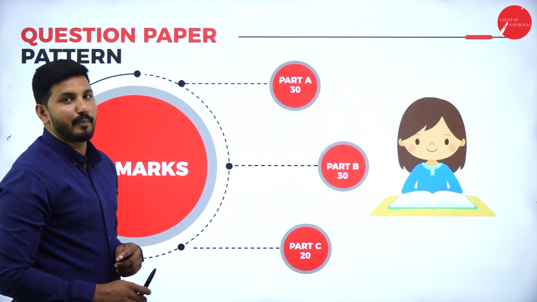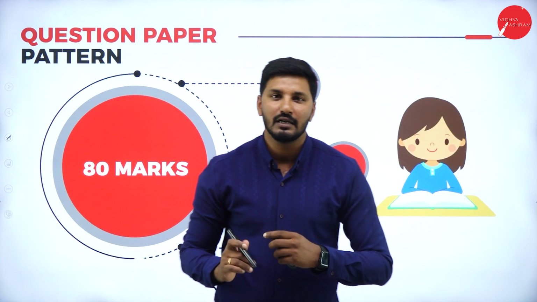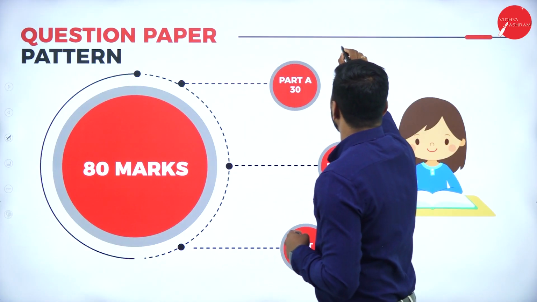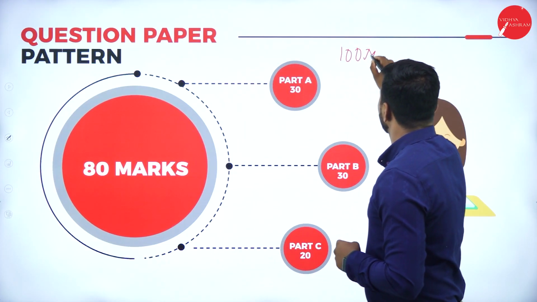So then we move on to the main examination. As we know, this is a core paper, and it consists of a total of 100 marks.